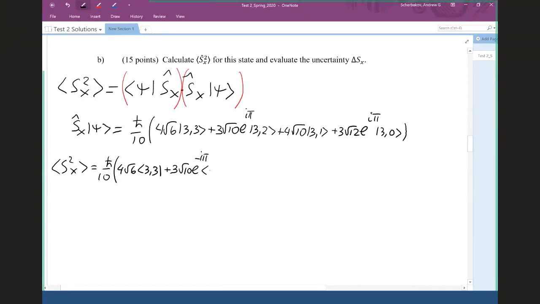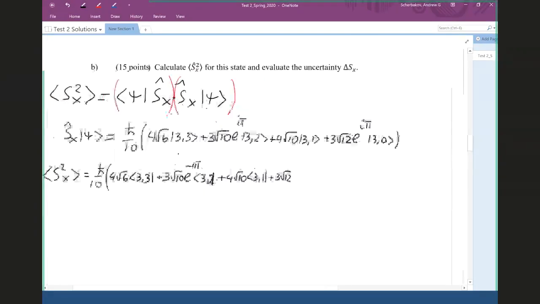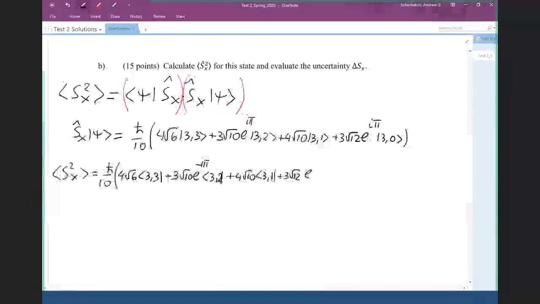It would be the same thing if theta is whatever. It doesn't have to be pi, it will still cancel out in this case. Plus 4 root 10 bra |3/1> plus 3 root 12 e to the negative i pi bra |3/1>. Okay, and then I just multiply by this ket, h bar over 10.